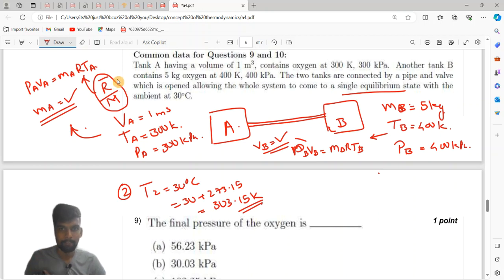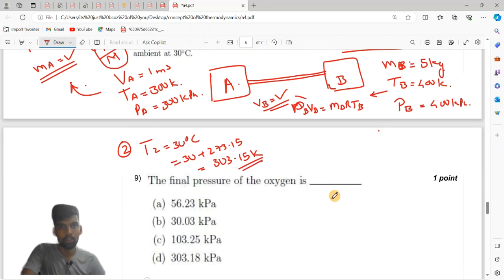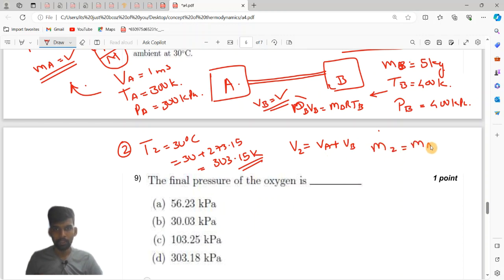Now, we need to calculate the final pressure of the oxygen. At the final state, the total volume at state 2 is nothing but volume at state 1 in tank A and volume at state 1 in tank B. Similarly, final mass will be mass in tank A plus mass in tank B. Since mass, volume and temperature are with us, P2 V2 = M2 R T2.